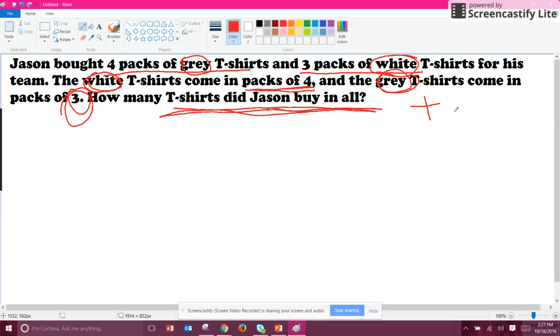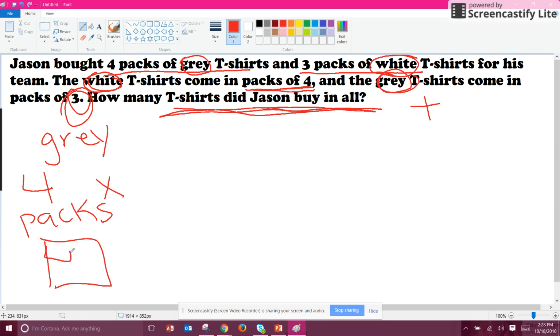Let's start with the gray t-shirt. He bought 4 packs. Inside, you're going to multiply because a pack would have multiples inside. Inside of the gray, there are 3 in every pack.